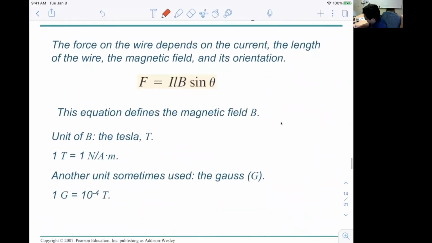In terms of units, force is Newton, I is the current in ampere, which is coulomb per second, L is distance in meters, and B is the magnetic field in Tesla.